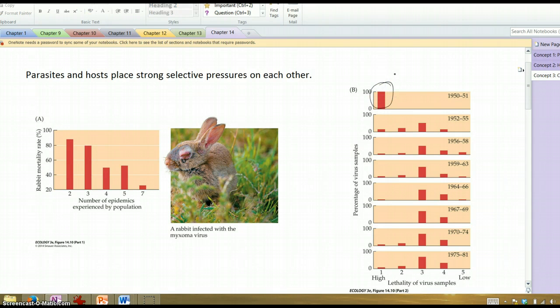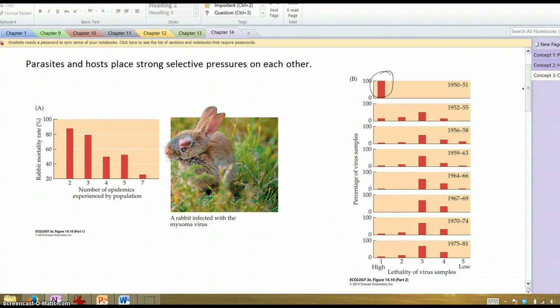Like I said, it killed 99.8% of them. But through time, because of the development of resistance to it in the rabbits, it became much less virulent or deadly, and has sort of settled into a relatively stable, moderate level of pathogenicity, such that it still kills some of the rabbits, but there is enough resistance out there that it doesn't kill all the rabbits.